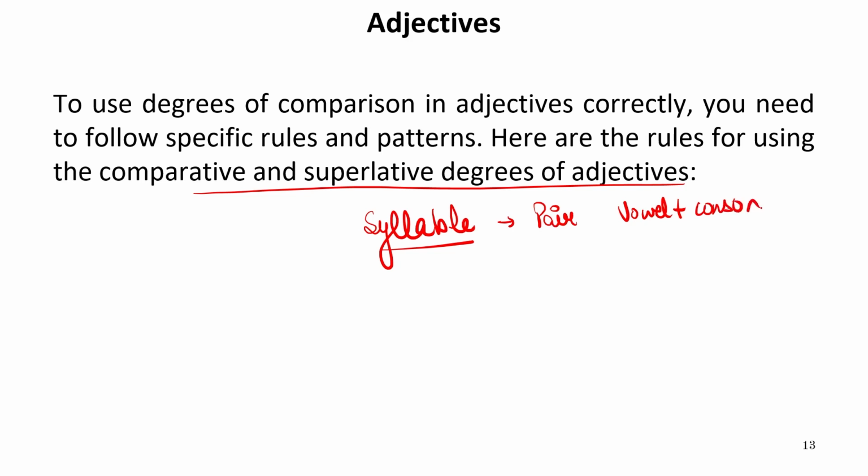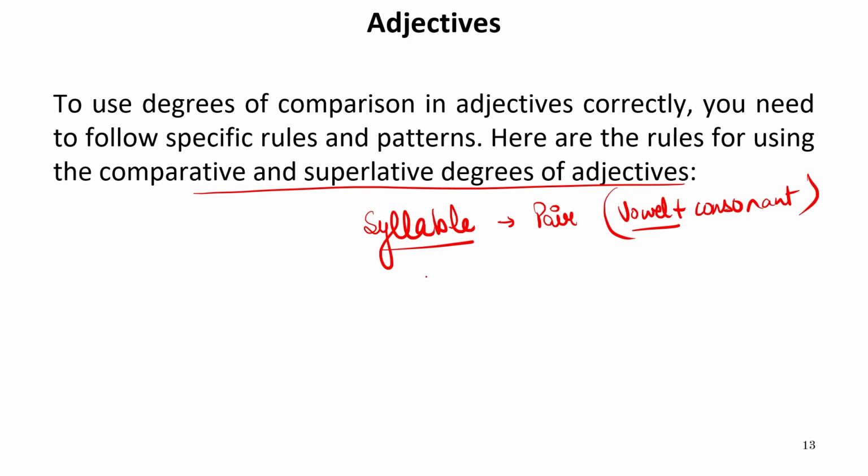We must have read these vowels and consonants in our alphabet. So we know well what the vowels are, only A, E, I, O, U, and the rest are consonants. Whenever we have a pair of vowel and consonant in which the vowel precedes the consonant, this pair is known as a syllable.